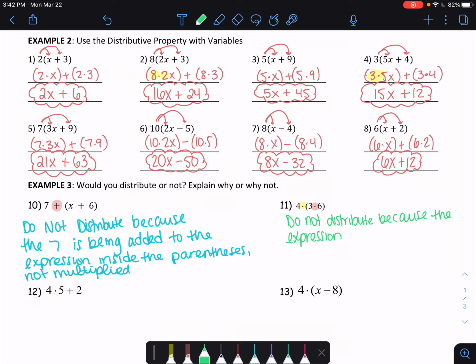Because the expression inside the parentheses is multiplied and not added or subtracted.